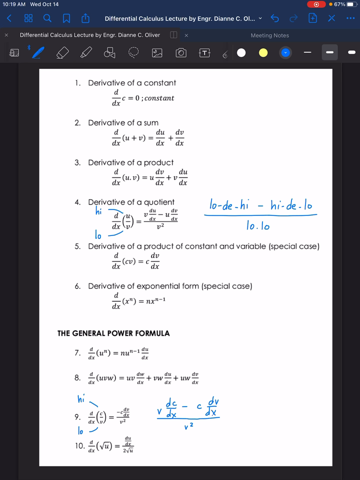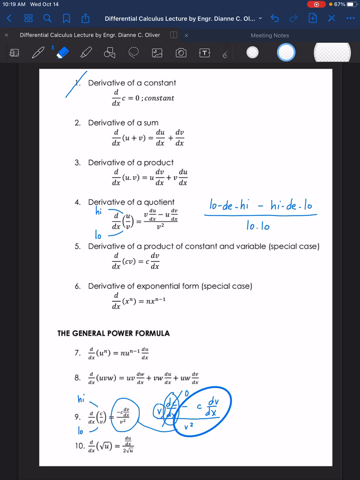Okay, so what happens here is that the derivative of a constant is what? That is 0. So the derivative of a constant is 0. Multiplied with V here, it becomes 0. So what's left is negative C, derivative of V over dx, over V squared. So this is similar with this one.